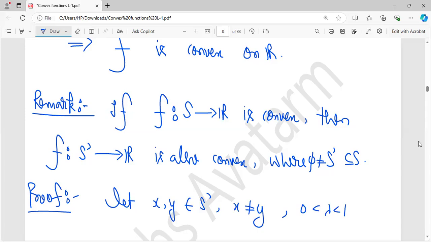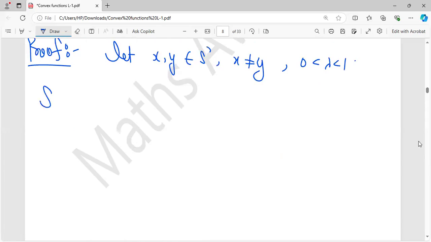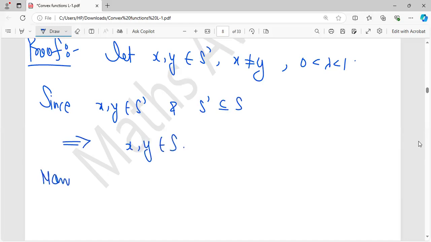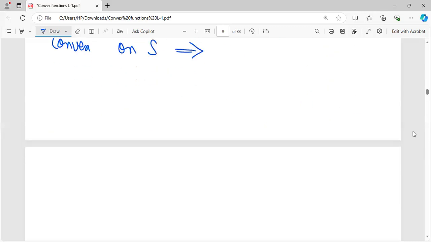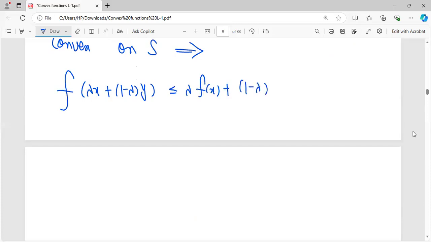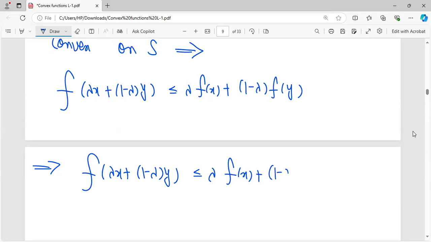Since x, y belong to S dash and S dash is a subset of S, this implies x, y belong to S. Now x, y belong to S, x is not equal to y and lambda in this range, and f is convex on S. So this implies f(lambda x + (1 - lambda) y) is less than or equal to lambda f(x) plus (1 - lambda) f(y).